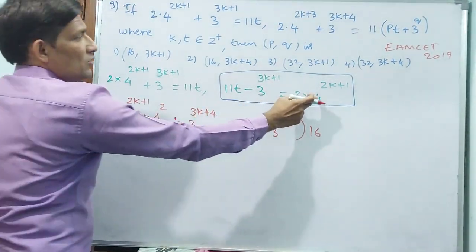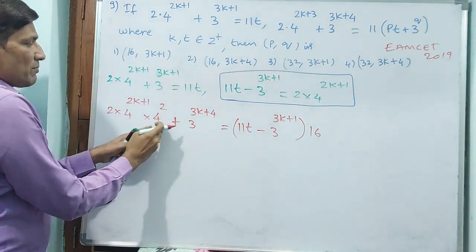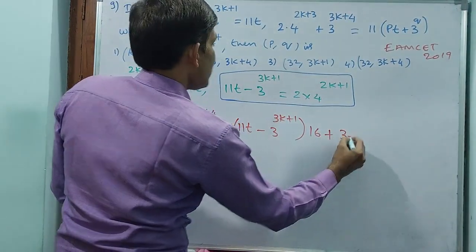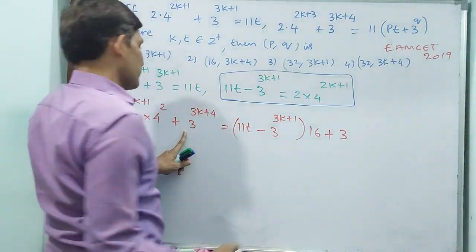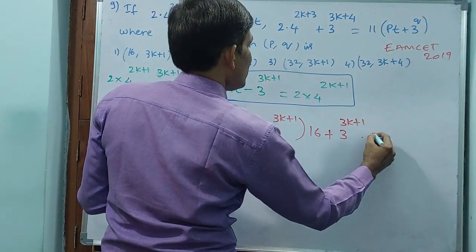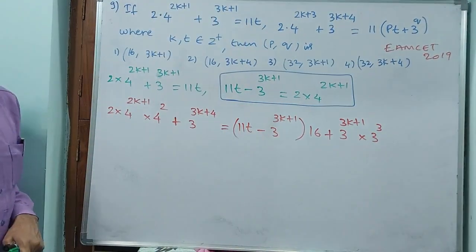Plus this one again, plus 3 power 3k plus 1 into 3 cube. Is it okay?